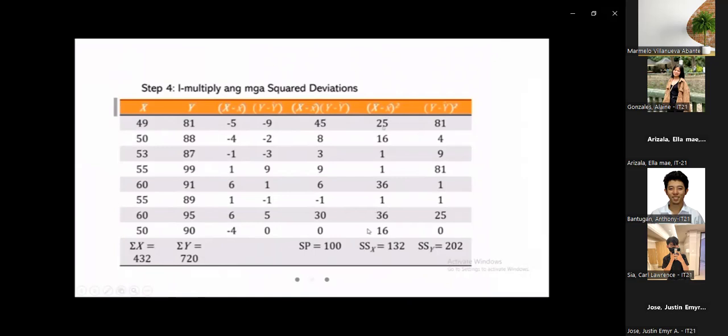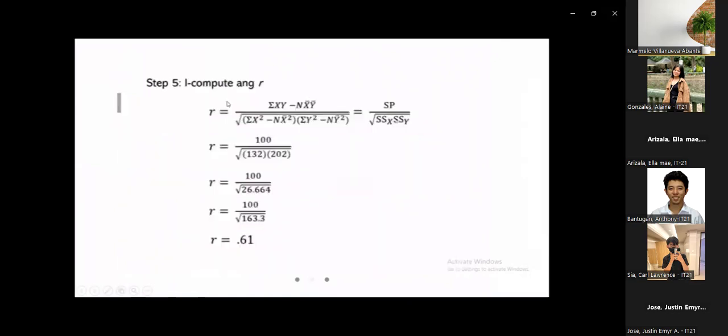After that, pwede na natin i-apply yan sa formula ng r, pero gagamitin natin dito yung shortcut niya. Itong part na to. Ito lang yung gagamitin natin kasi ito yung shortcut niya.